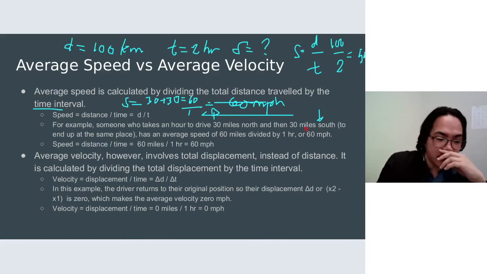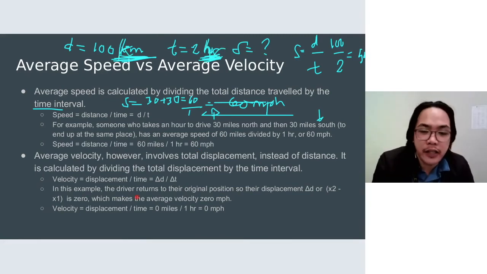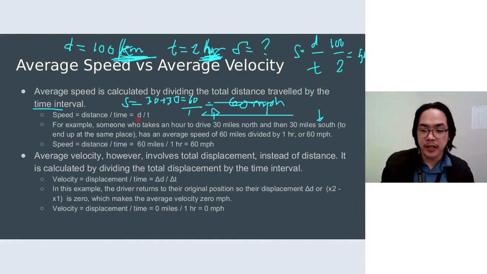What is the unit? Is it miles per hour? Take a look at this. Kilometers per hour. You just have to combine both of them. So your final answer should be 50 kilometers per hour. That's how you solve for speed. You just have to divide distance by time. Now, if there are a lot of distances, you will just add the distances and then divide by the time in order to get the average speed.